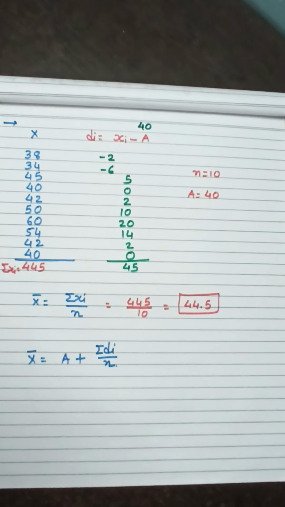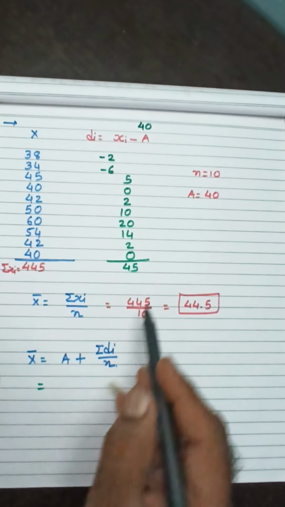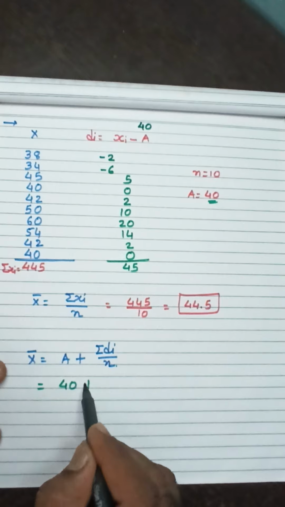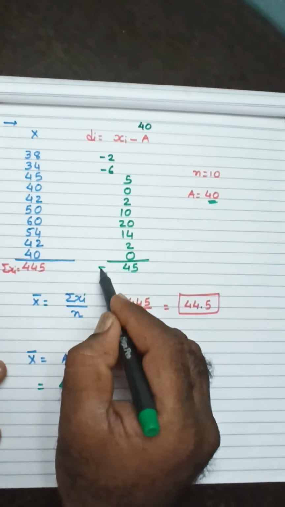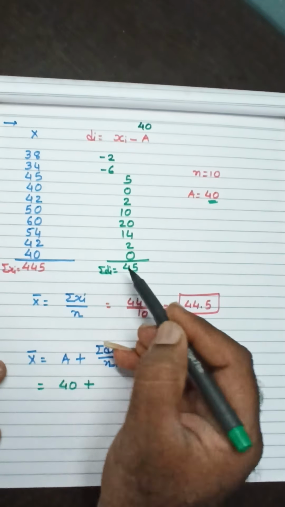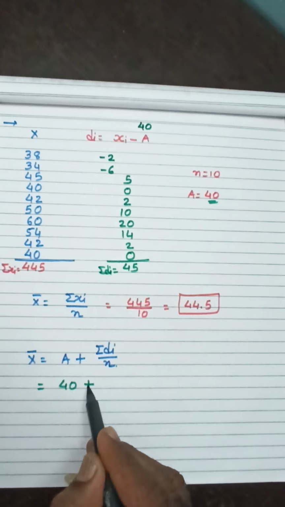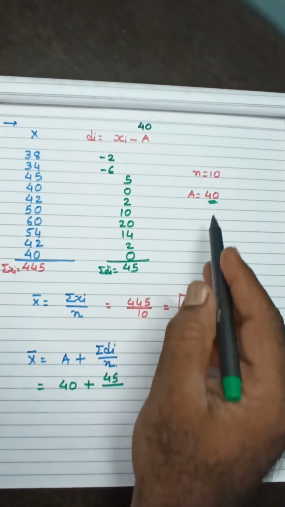Okay, 45. 45 is the total. Yes. Okay. Therefore, x bar is equal to a. Value of a is 40 plus the total of di, sigma di. It is positive. If it is negative, then we will write minus here. Okay. 45 upon n, which is 10.